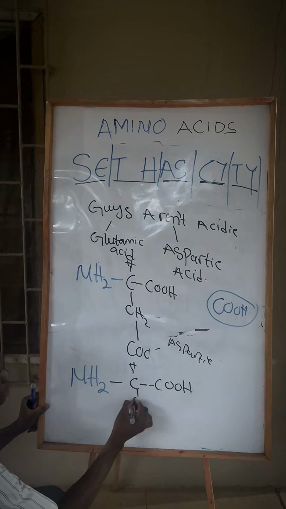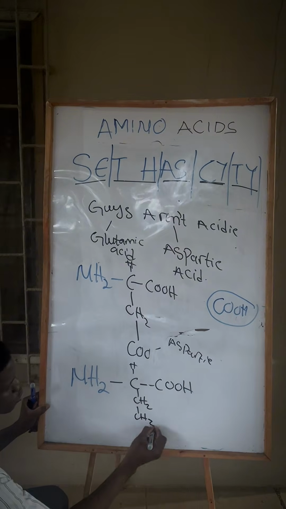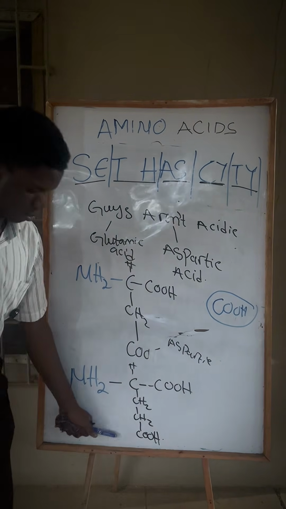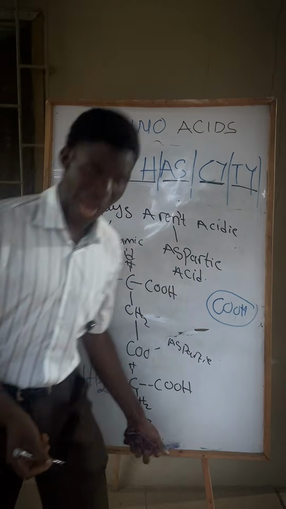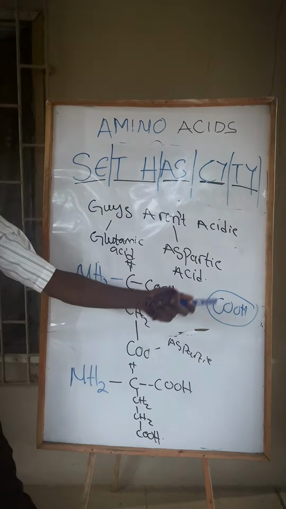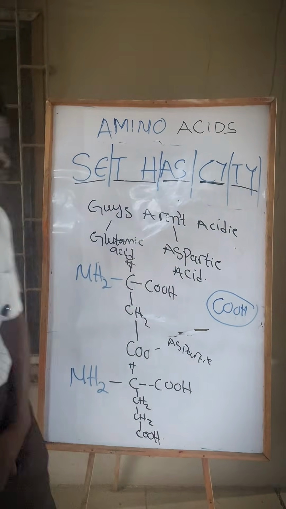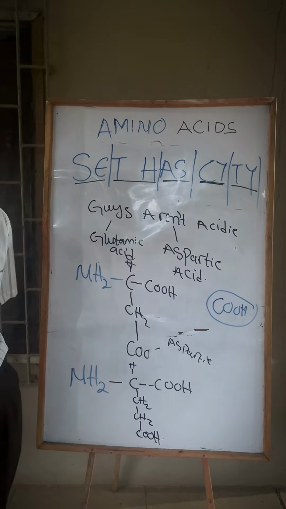This is glutamic acid: CH2 CH2 COOH. You can remove the hydrogen and put a charge there, because it is an acid, it can lose the hydrogen, that is a proton. Do you understand it? So that is it for the acidic ones.